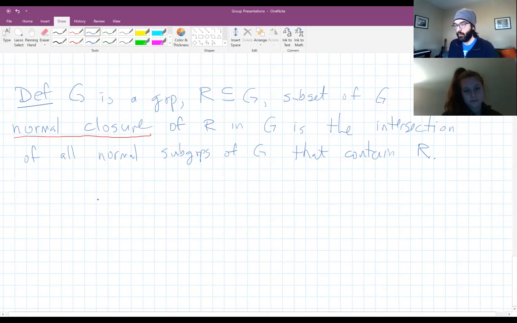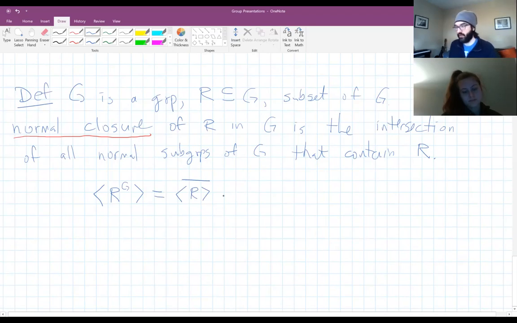So we denote this a couple of different ways. One way to write this is the group generated by R with G over it. Another way is to write it as R with a line over it, because that looks like closure.